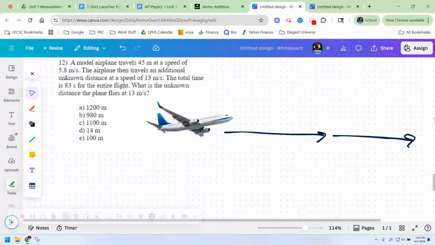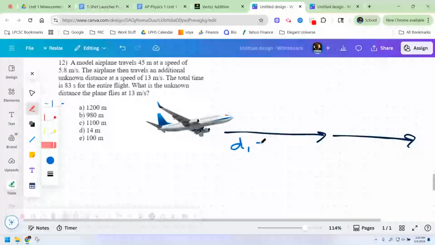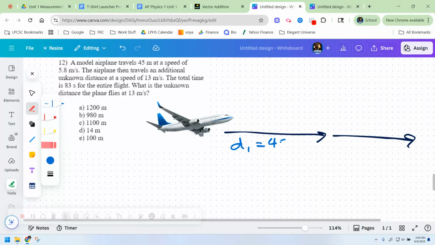All right, for problem number 12, it says a model airplane travels a distance of 45 meters. So I'm going to call this distance 45 meters. And then it gives me a speed of, so I'm going to say velocity of 5.8 meters per second.